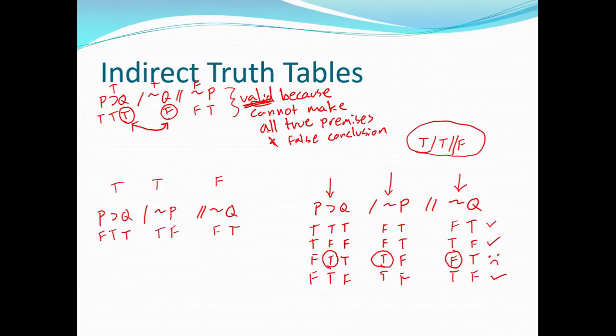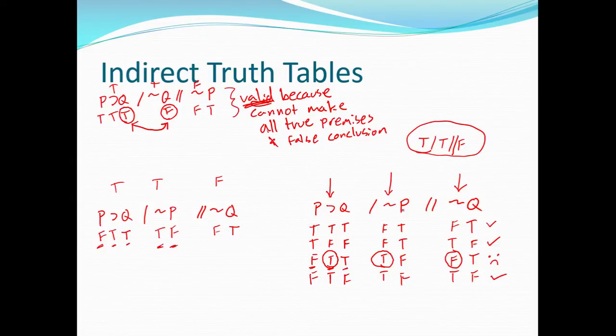Well, if you look at your indirect truth table that we did a minute ago, look at the truth values. You have a false, a true, and a true for your horseshoe. Now go over to the old version of the truth table. You have a false, a true, and a true for the first premise. Then if you go to your second premise on your indirect truth table, you have a true and a false.